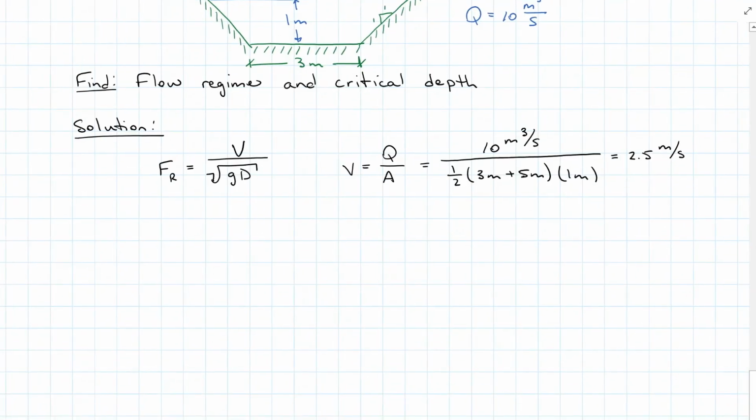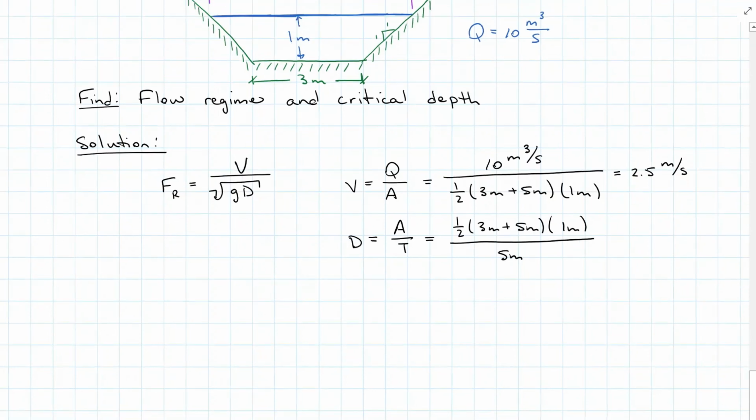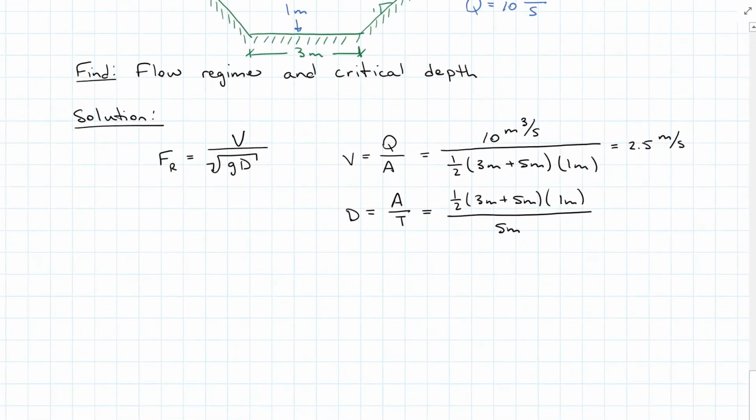And then I need my hydraulic diameter, which we talked about earlier, is A over T. So that again is the 1/2 of 3 meters plus 5 meters, times 1 meter, all over that T. T is that surface width, which is 5 meters in our case. For the rectangular channel, it was just the width of the channel. But because this is non-rectangular, we have to calculate our hydraulic diameter, which in this case is 0.8 meters.